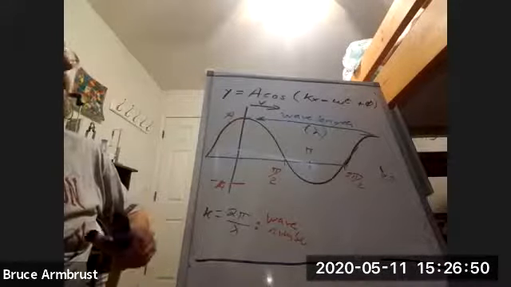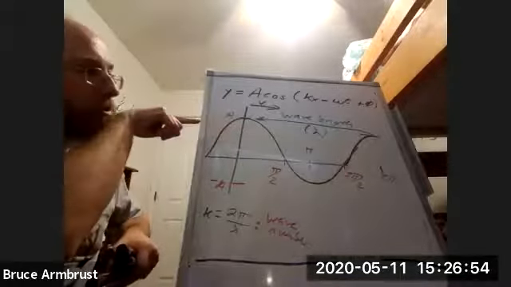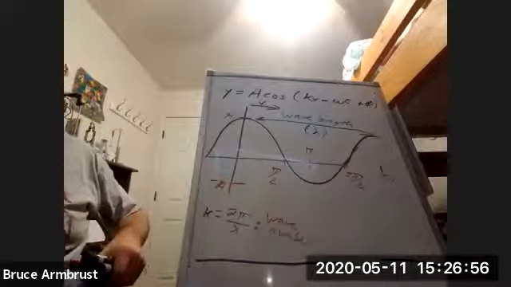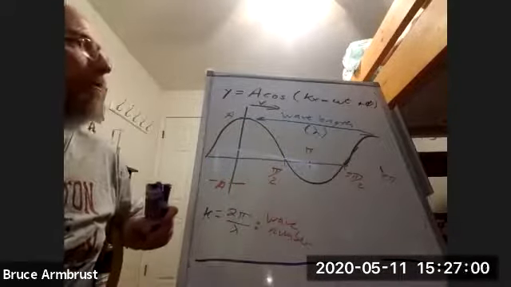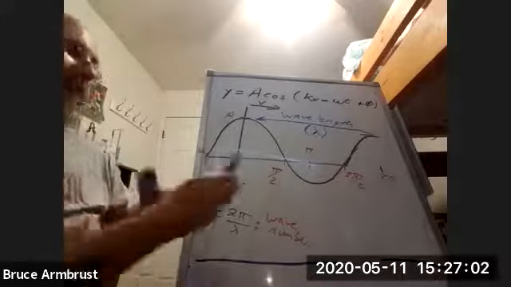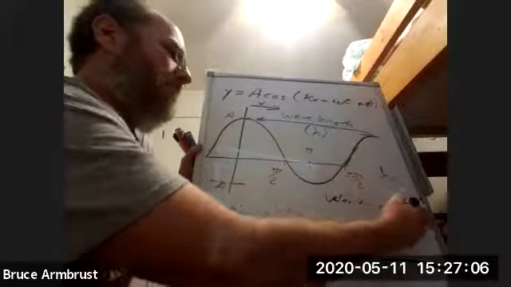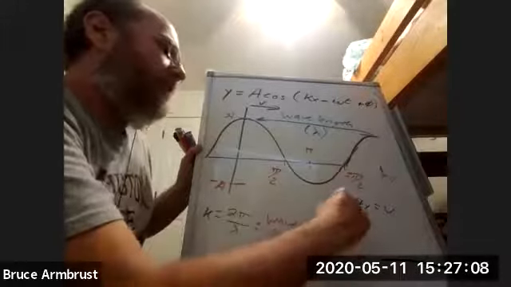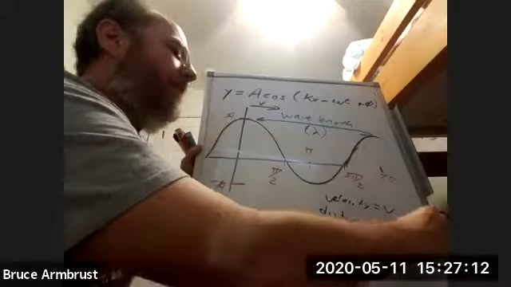So if it's moving at a velocity of v, we know that it's going to move a certain distance if we multiply that by t. Right? So if we've got a velocity of v, then it's going to move a distance of v times t.